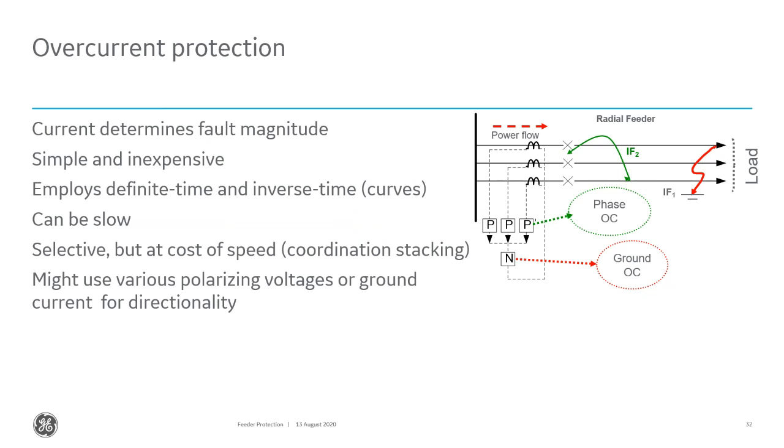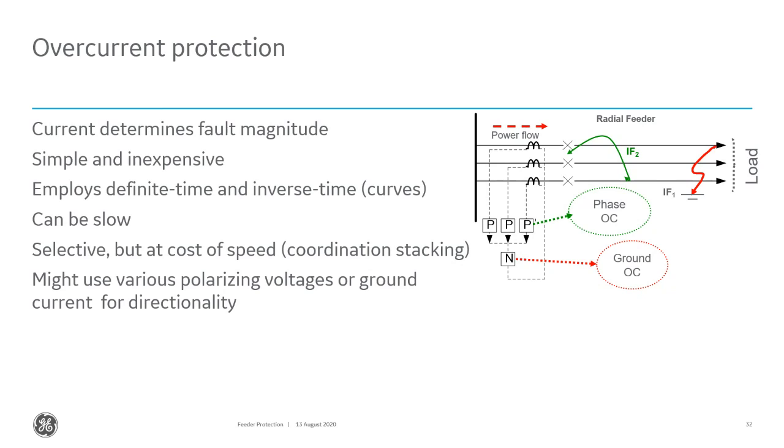Overcurrent relays are simplest. This is most of the simpler type of protection. Inexpensive if you apply it in the most simple manner, but we'll talk about some things that we can do with microprocessor relays that's beyond the overcurrent protection that gives us a lot of value.